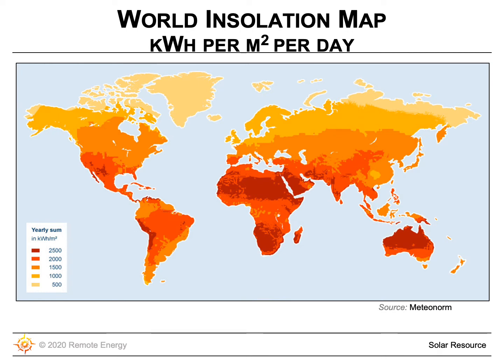One of the interesting things here is to note that the equator, which actually passes about right here, is not the spot on Earth where we have the highest amount of annual solar insolation. The highest amount are actually about 25 or 30 degrees north and 25 or 30 degrees south latitude, so south and north of the equator.